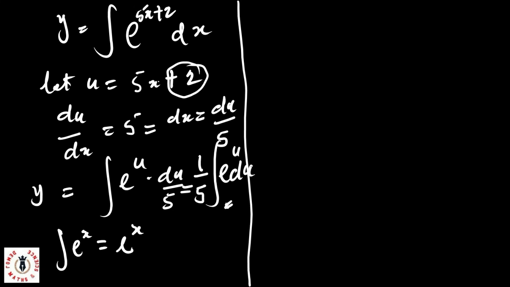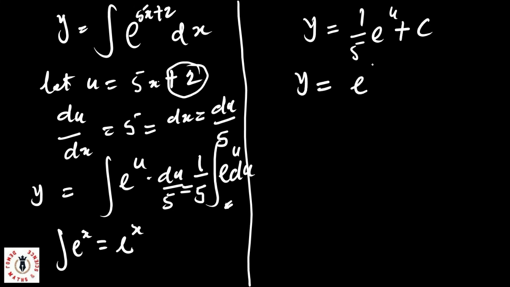Same thing applies here. So that the integral of e raised to power u is the same thing as e raised to power u. So I can rewrite this as equal to 1 all over 5 e raised to power u plus c, where u is equal to 5x + 2. So that my y now is equal to e raised to power 5x + 2 over 5, plus c.